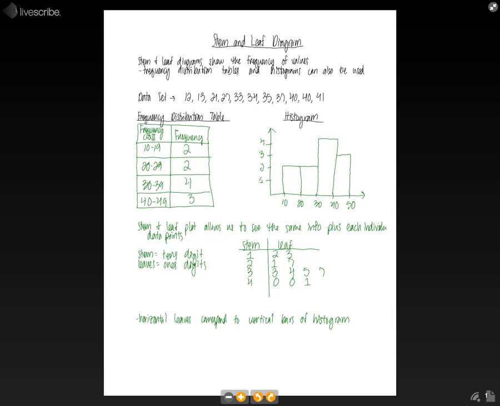We can also note that the length of the leaves is equal to the numbers in our frequency table. That is how each of them relate to each other. They all show the same data, except the stem and leaf plot has the added benefit of displaying each individual data point.